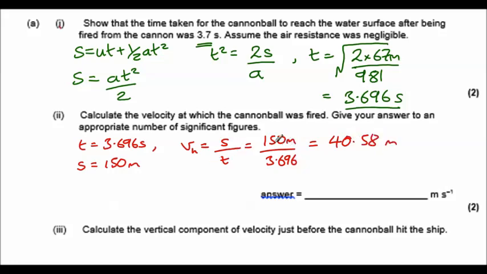But we're looking at significant figures here. They're talking about 3.7 there, that's 2 sig figs. In the original diagram it was 150, which looks like 2 sig figs as well. So we better round that to 2 significant figures, which would make the answer 41 meters per second.